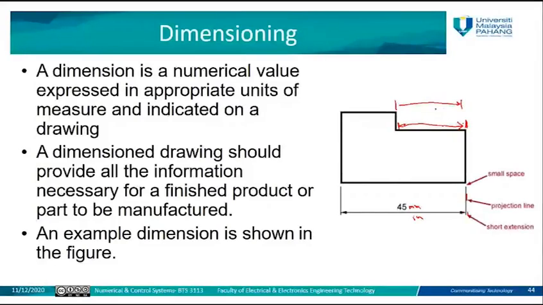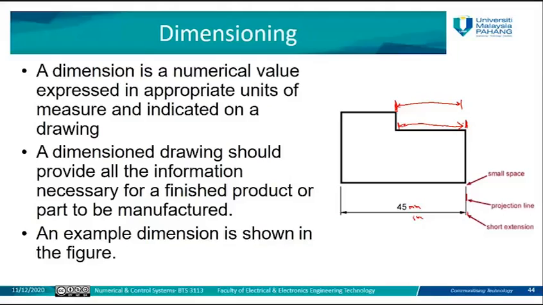So usually the dimensions are represented by this line with the number that shows the value in decimal. If the number is an integer, it's just a number. If there are decimals, like 0.1, 0.2, 0.10 millimeter or inch and so on, it will be there. But usually you should also have this small space. This small space shows that the product does not continue here. We need to represent the space because this is not continuous.